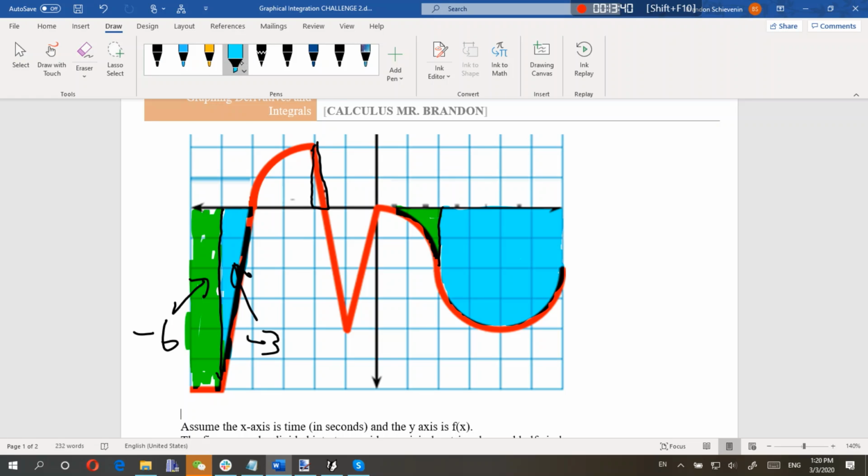For this, this should go all the way down to the point here. So if I'm going all the way down from this point to this point for that line, then I'm going down by 6 units.